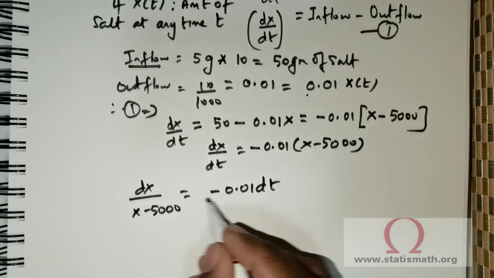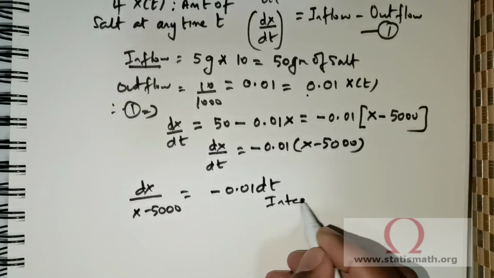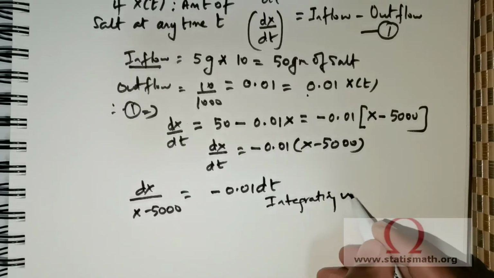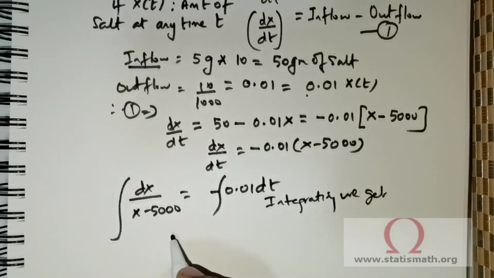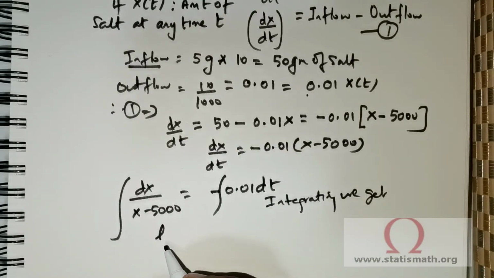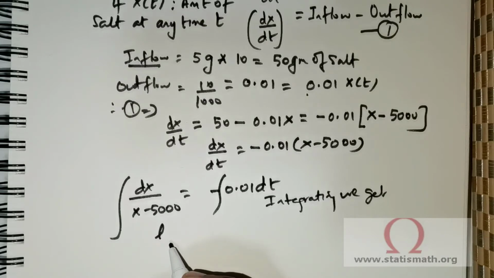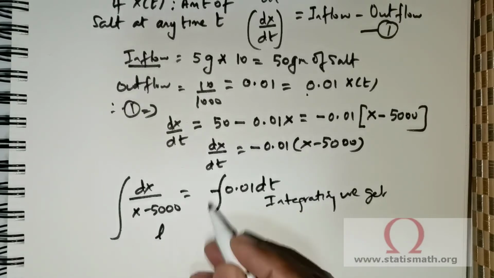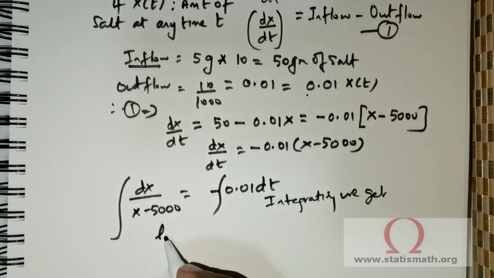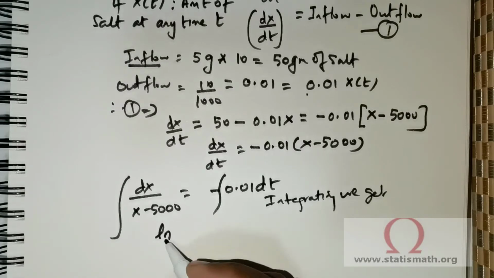Now you have to integrate both sides. Integrating, you are integrating both the quantities. I won't be using log here, because we will have to simplify this, so I would be using the natural logarithm, that's base e.